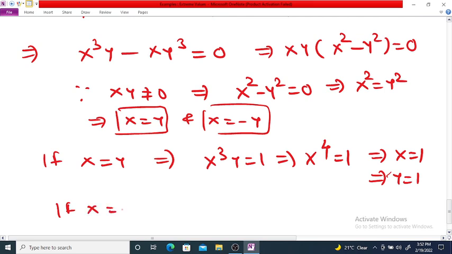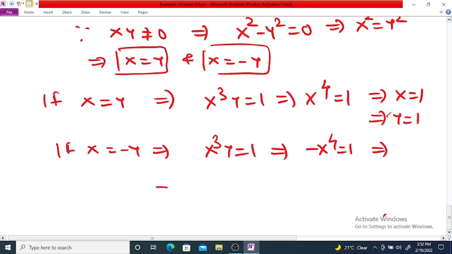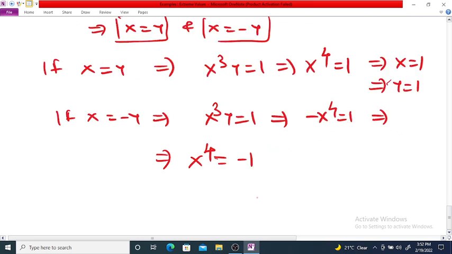And if x = -y, then x³y = 1 implies -x⁴ = 1, and this implies x⁴ = -1, which is not possible, and therefore there is only one critical point, (1, 1).